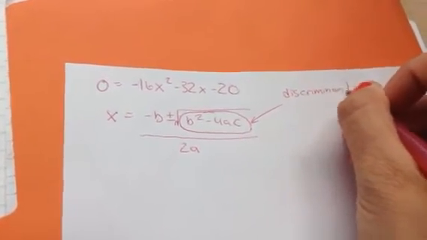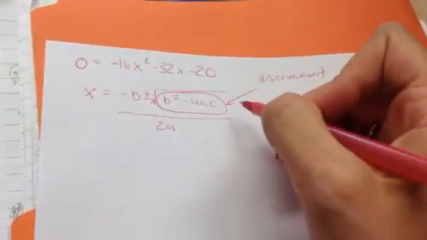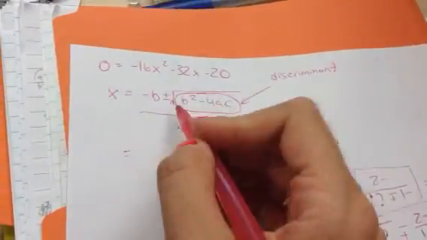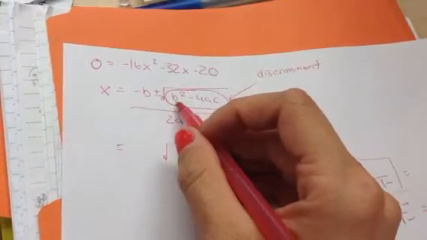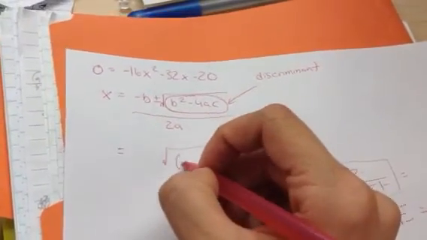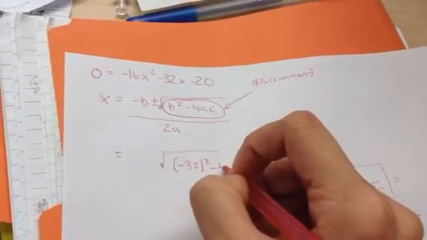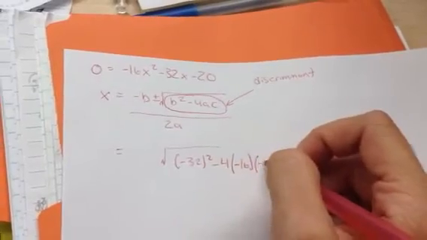So I'm not going to do that extra work. Underneath my square root, I'm going to have b squared, so that's negative 32 squared minus 4 times negative 16 times negative 20.